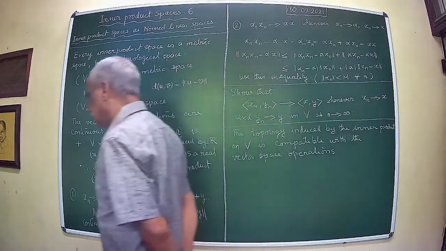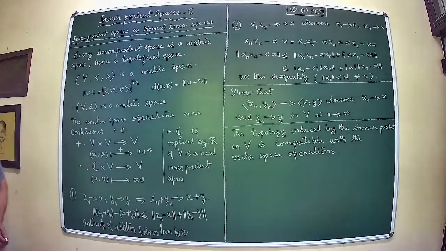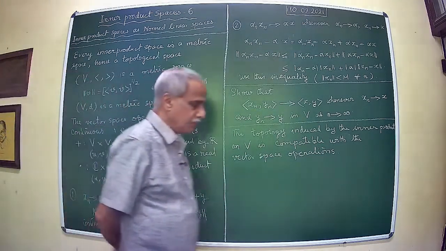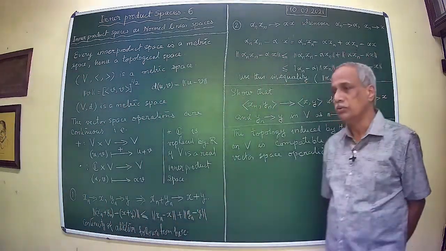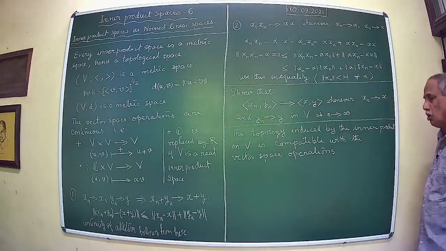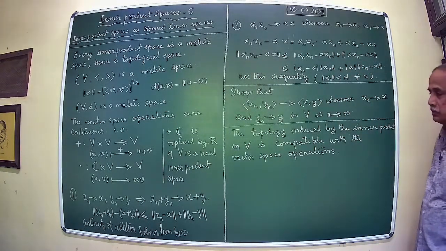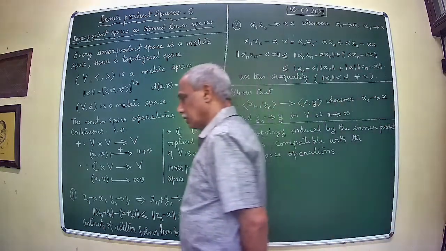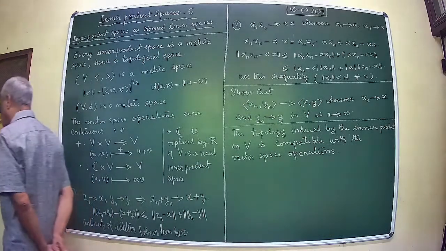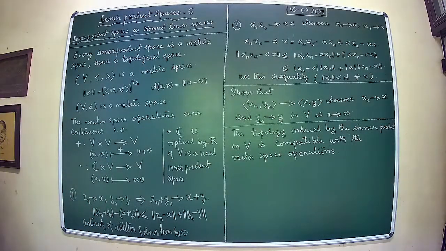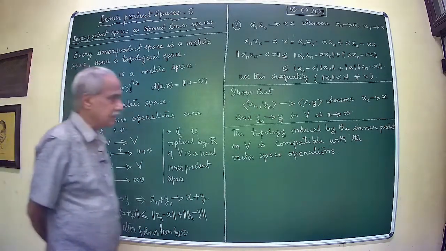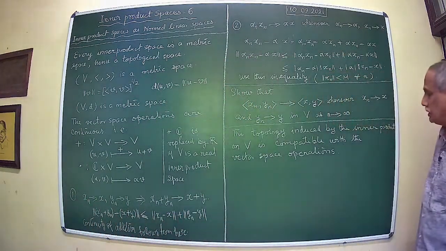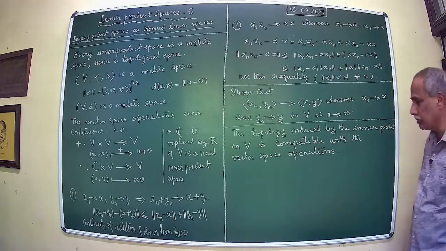One situation is when you introduce the concept of a distribution. It is in the distribution theory. We would have to introduce non-normed topological spaces, which are linear spaces, but the topology is not induced by a norm. So such situations arise. I am not going into the details of that.